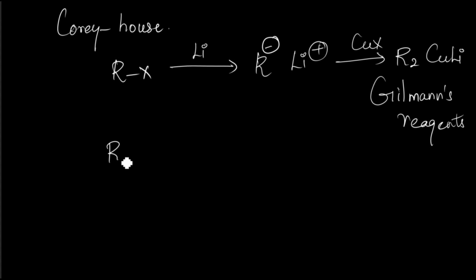But for example, if I am taking Gilman reagent with another alkyl halide, then that will give R R dash. Okay, so this kind of reaction, then the Frankland reagent, which is very similar to the Wurtz reaction.